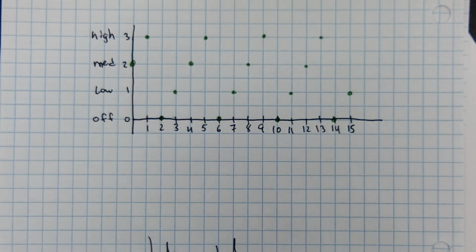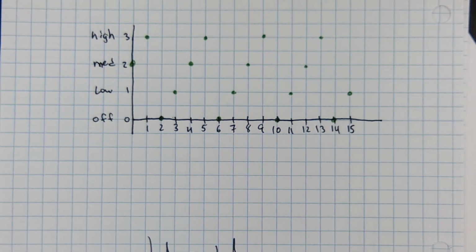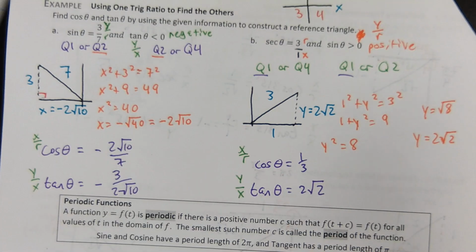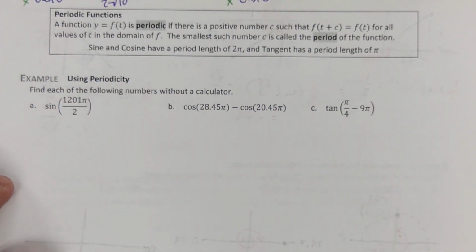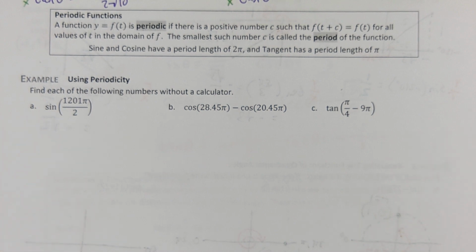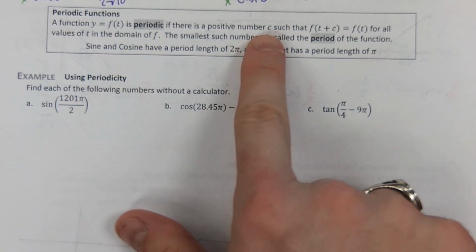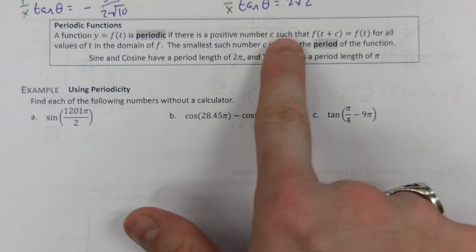You know what else is like that in our everyday lives? Tides, moon phases, seasons, I don't know, hand movement as it goes around the clock. All of these things are called periodic events. Periodic events are events that repeat themselves on a known pattern. Now in mathematics, a function is periodic if there is some positive number c such that this is true.